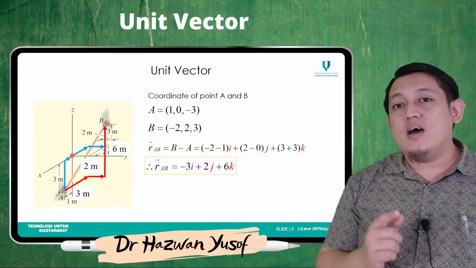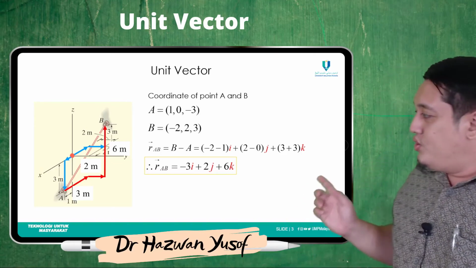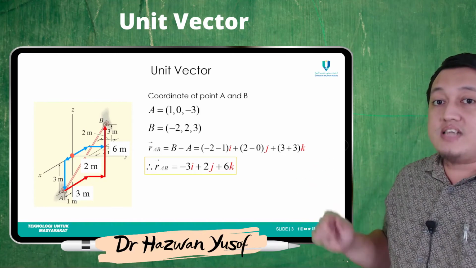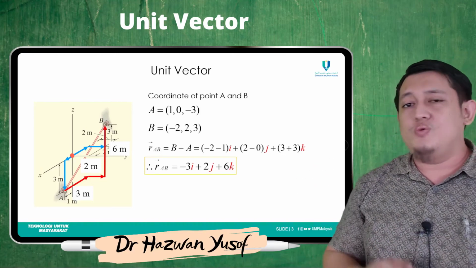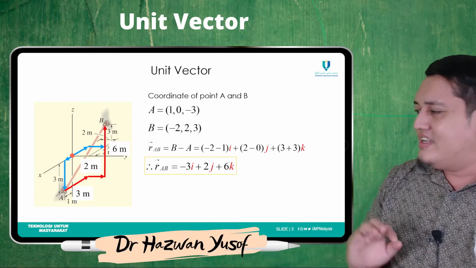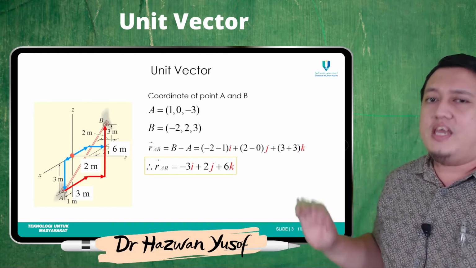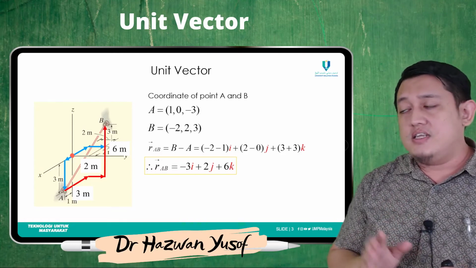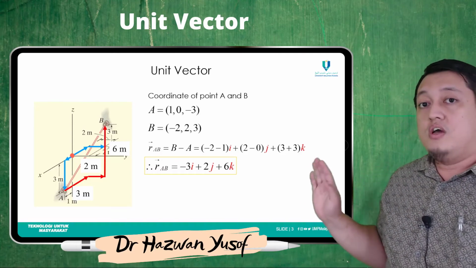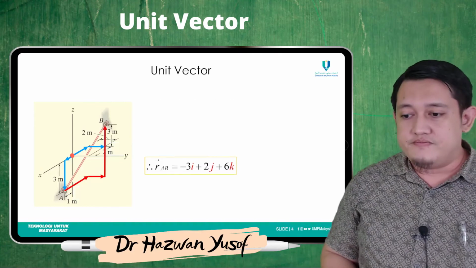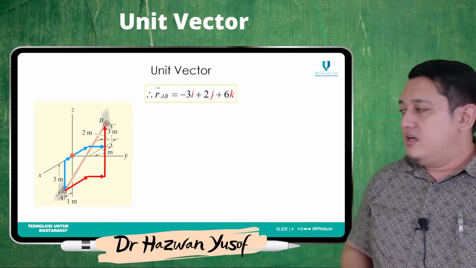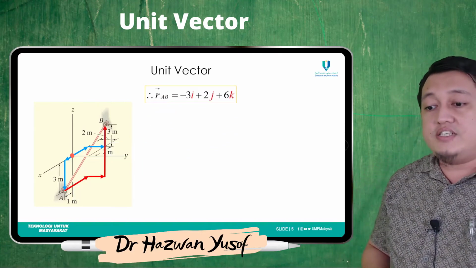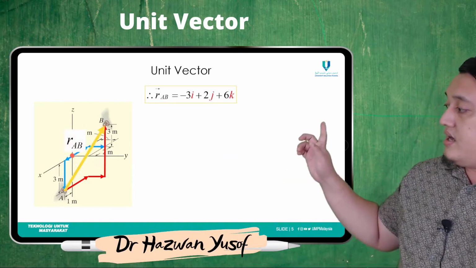So, if you want to check whether A minus B is correct or not, try to do it by yourself. You will travel to a different location, not from A to B. So make sure when we want to calculate the direction A to B, do coordinate B minus A.